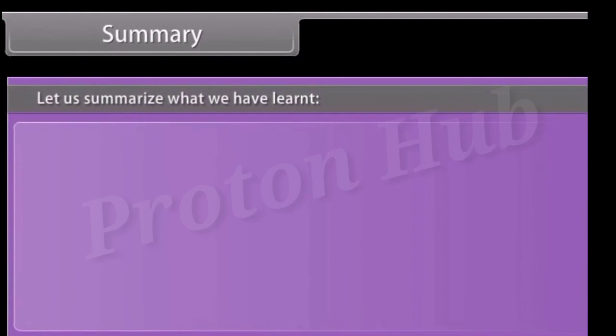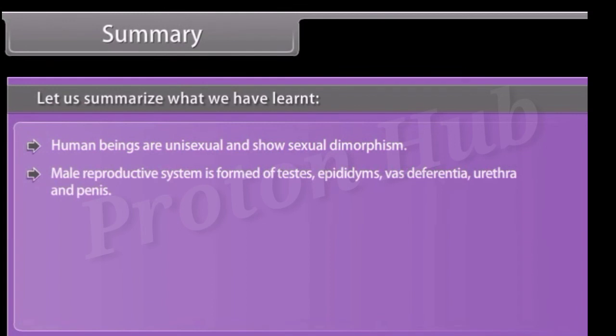Summary. Let us summarize what we have learned. Human beings are unisexual and show sexual dimorphism. Male reproductive system is formed of testes, epididymis, vas deferens, urethra, and penis.